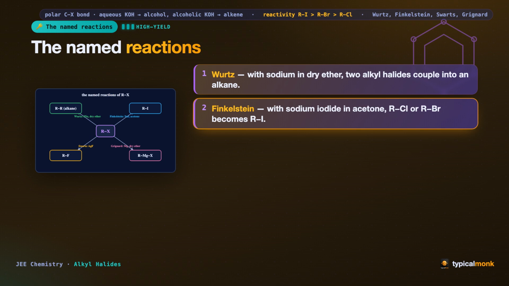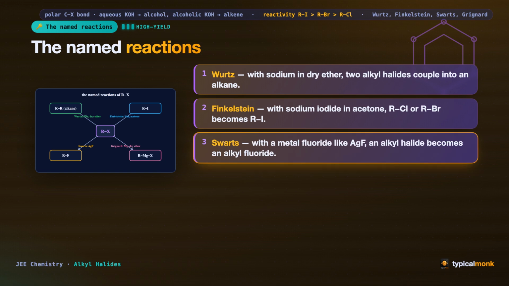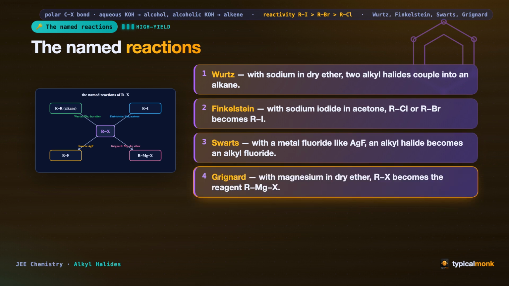Finkelstein: with sodium iodide in acetone, R-chloride or R-bromide becomes R-iodide. Swarts: with a metal fluoride, like silver fluoride, an alkyl halide becomes an alkyl fluoride. Grignard: with magnesium in dry ether, R-X becomes the Grignard reagent, R-Mg-X.